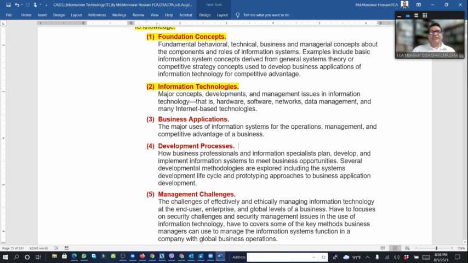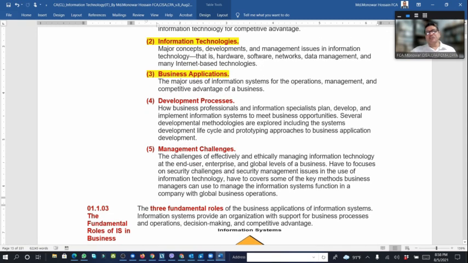And business applications: the major uses of information systems for the operation, management, and competitive advantage of a business. And development processes: how business professionals and information specialists plan, develop, and implement information systems to meet business opportunities or achieve the business goal.